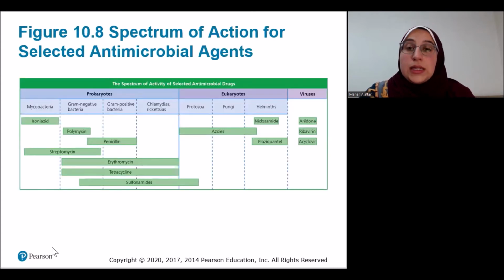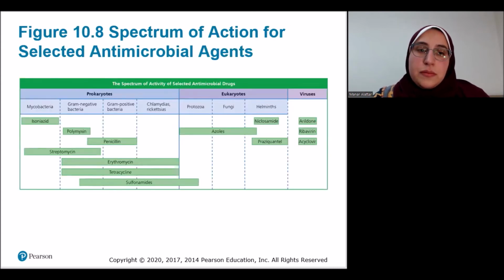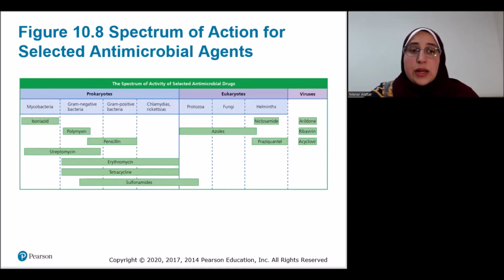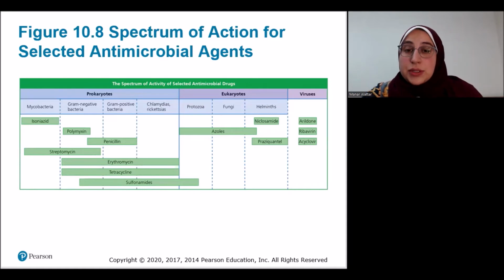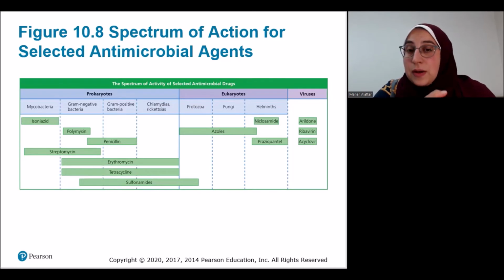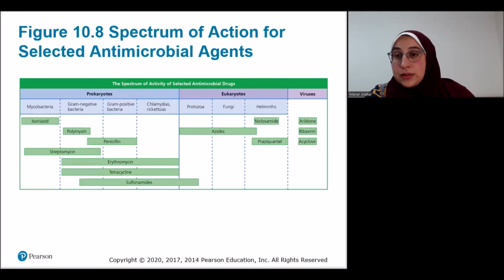And so what we had looked at in our discussion are broad spectrum antibiotics that are generally effective against both gram-positives and gram-negatives, including penicillin, tetracycline, various types of sulfonamides, and quinolones.